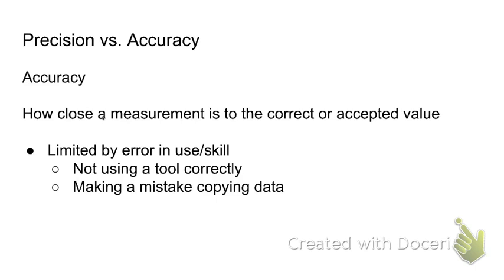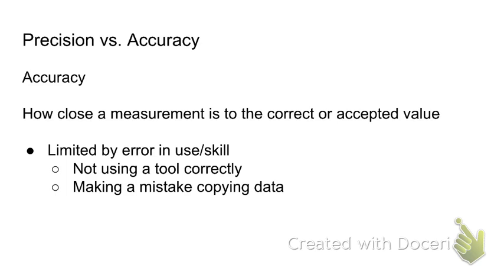All right, to begin with, we have precision versus accuracy. Accuracy is just a measure of how close a measured value is to the correct or the accepted value. So how close did you get to what we believe the right answer is? If your number is very accurate, then you got close to the right answer.